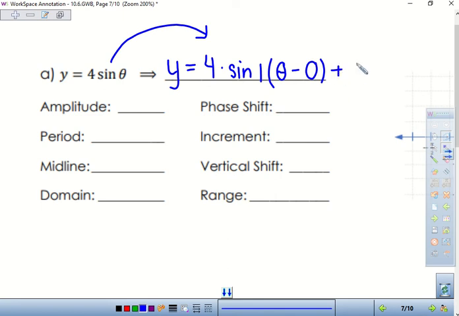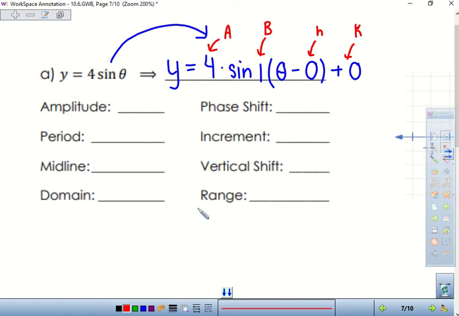And then we have our vertical shift, which is +0, because we're not moving it up or down. Now, to help you understand, this is A, this is B, this is H, and this is K. So I just rewrote it with all this extra stuff in it that isn't necessary, but it helps us see what we have and what we're missing, what kind of shifts are happening here.